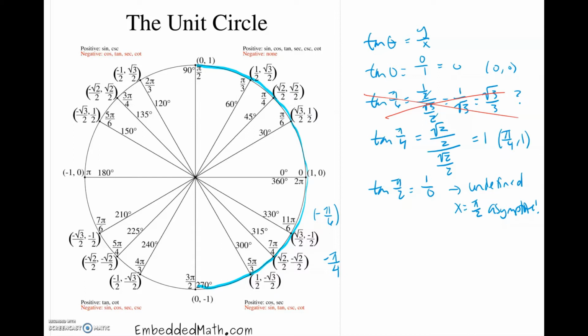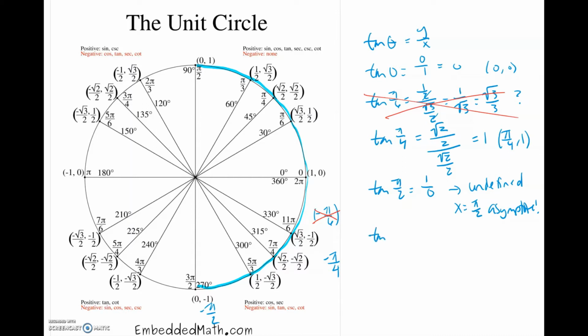But I really only care about the points that will give me nice coordinates, like the 0, 0 or pi over 4 and 1. So I actually don't care about the pi over 6, the 5 pi over 3. I'm just going to be looking at that 45, that negative 45, so that pi over 4, that negative pi over 4. And then coming down to this negative pi over 2, because we end up with the same kind of ratios.